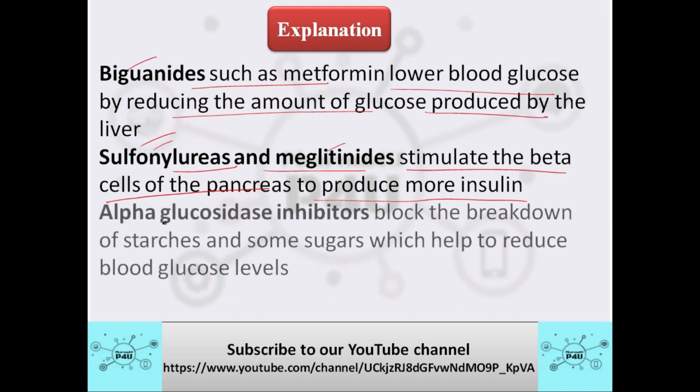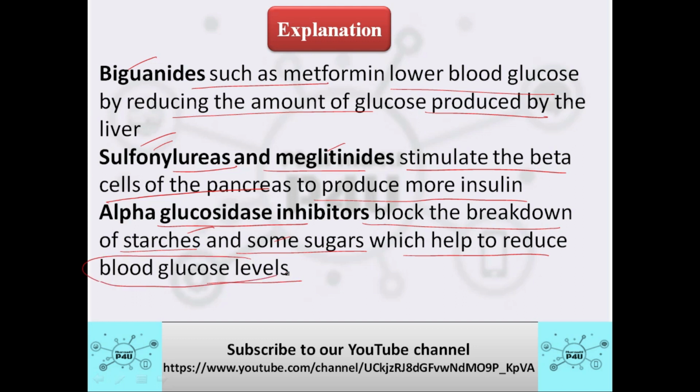Next, alpha glucosidase inhibitors block the breakdown of starch and some sugars, which helps to reduce blood glucose level. If the breakdown of starch and some sugars is stopped, then the blood glucose level is decreased. So the correct answer is biguanides.